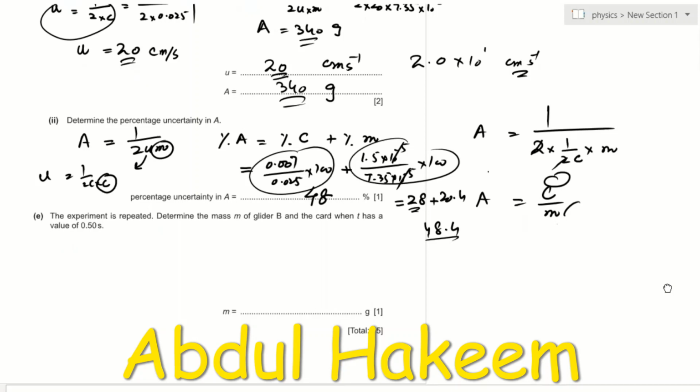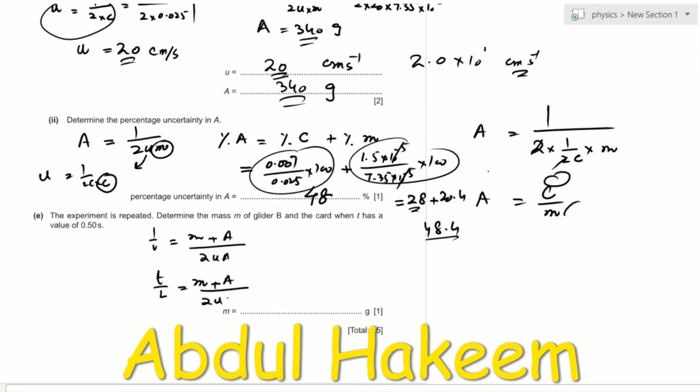Okay, the next is the experiment is repeated. Determine the mass M of the glider B and the card T when T has value of 0.5. Look, the actual equation is 1 over V is equal to M plus A divided by 2UA. Now this 1 over V can be written as T divided by L is equal to M plus A divided by 2UA.